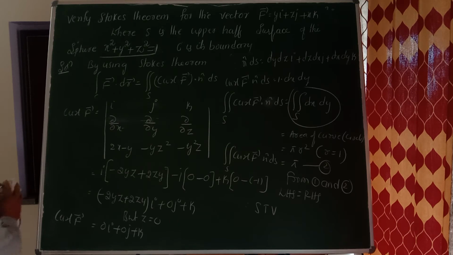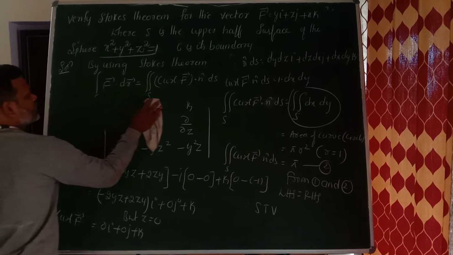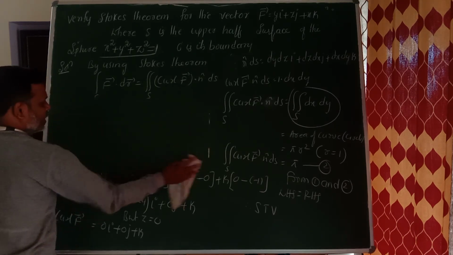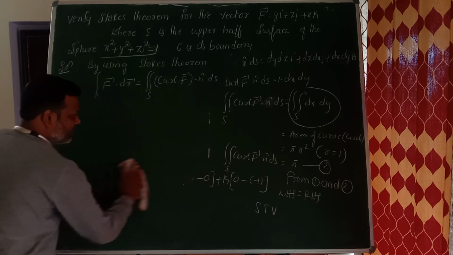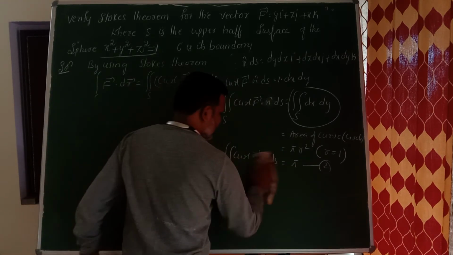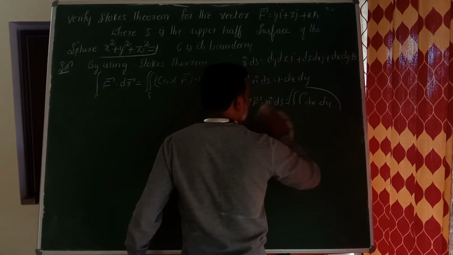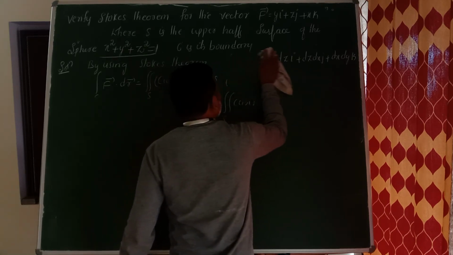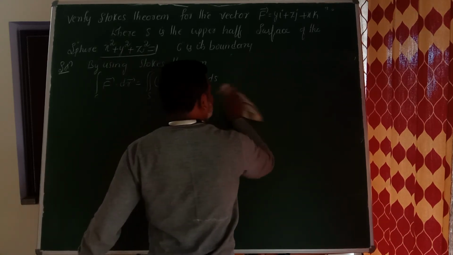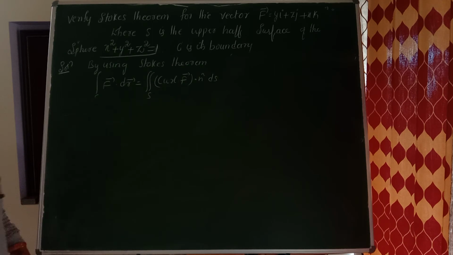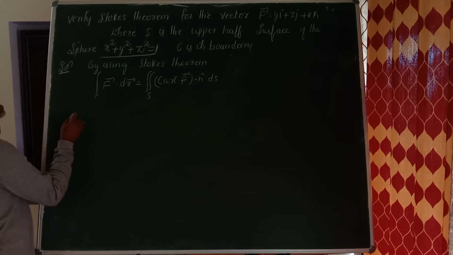This is what. So now by using Stokes theorem we can write this one. Now let us find out the integral of F dot dr for the LHS part. Okay. Dear students, understand, this is a very important problem too. Okay, now how can you make this one, sir? Okay, now let us take this one here.